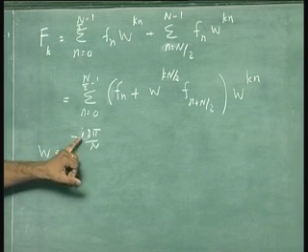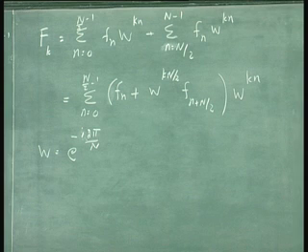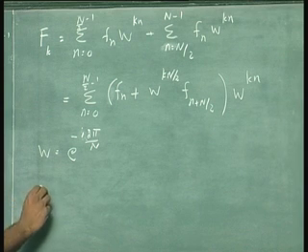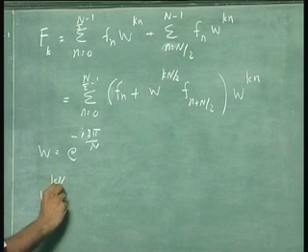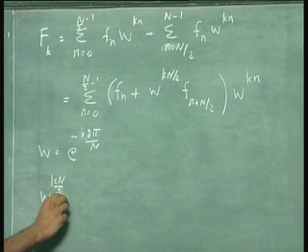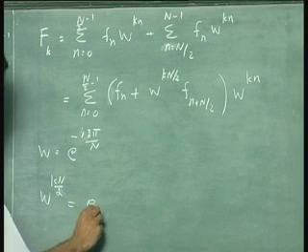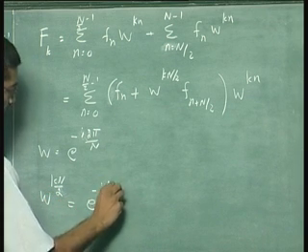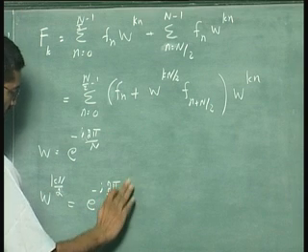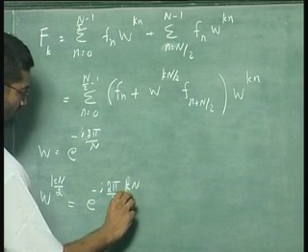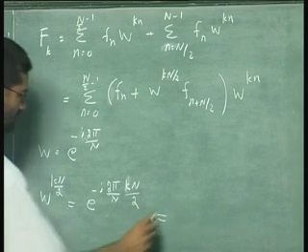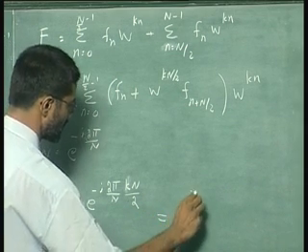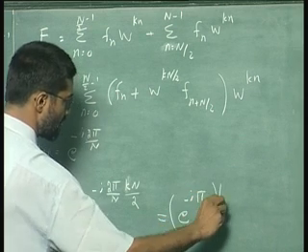So what is w to the power kn by 2? w to the power kn by 2 is nothing but e to the power of minus i 2 pi by n into k times n by 2, right? Okay, so that is nothing but e to the power of minus i pi to the power k.